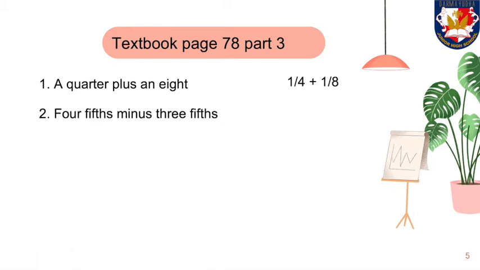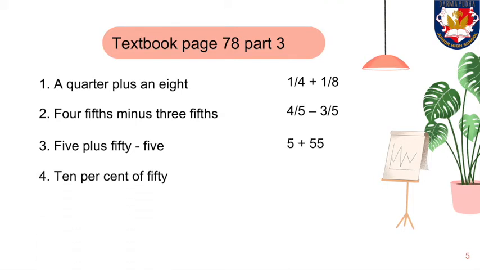Number 2, 4/5 minus 3/5. Number 3, 5 plus 55. Number 4, 10% of 50. Number 5, 6 multiplied by 16.